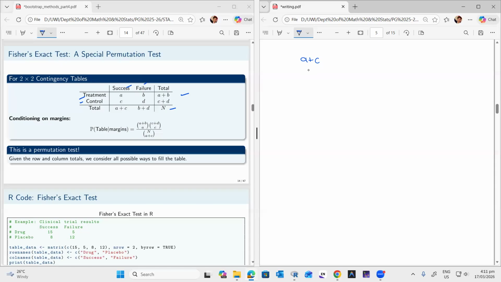So the Fisher exact test enumerates all possible tables with the given margins and computes the p-value as the sum of the probabilities of the tables as extreme as or more extreme than the observed values.